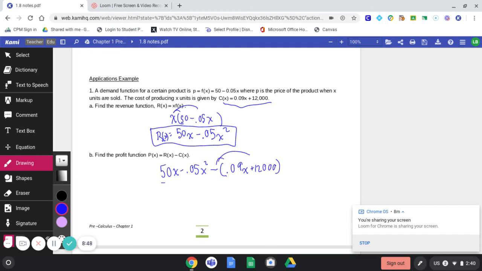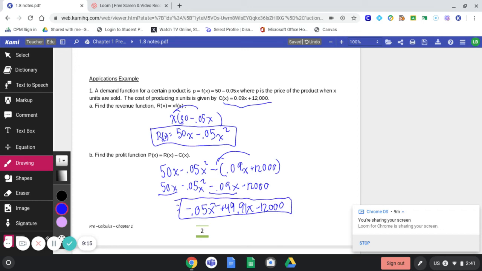So we can distribute that negative. And then we can combine our like terms. So we have negative 0.05x squared, 50x minus 0.09x, that is 49.91x, and then minus 12,000.